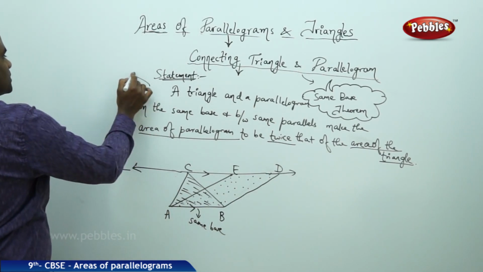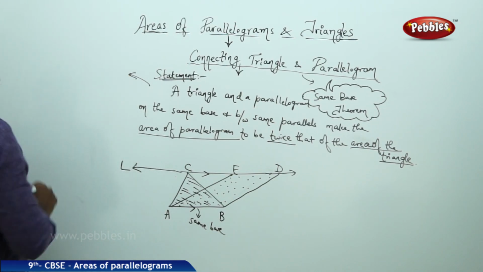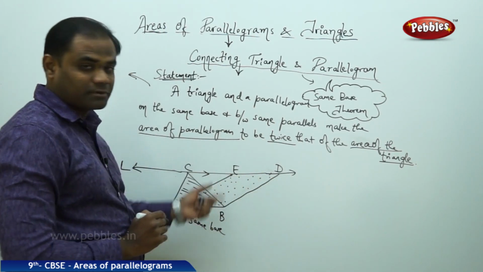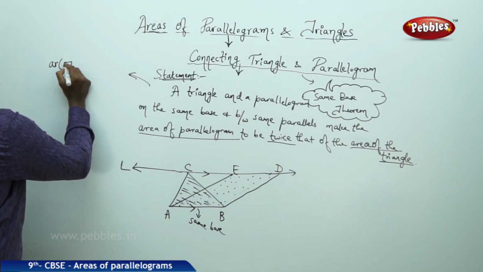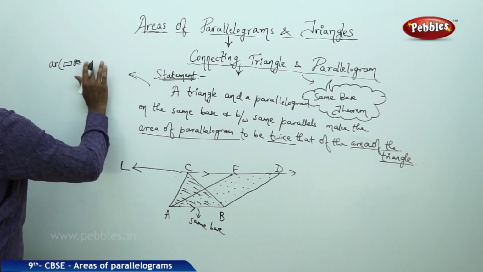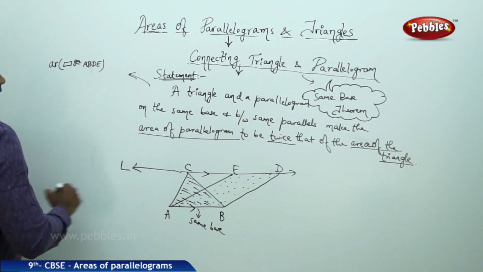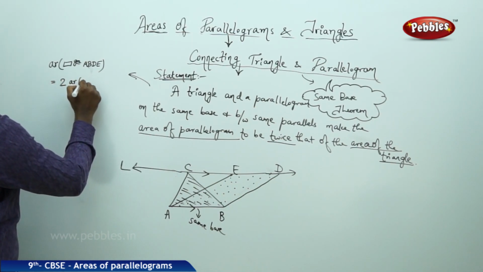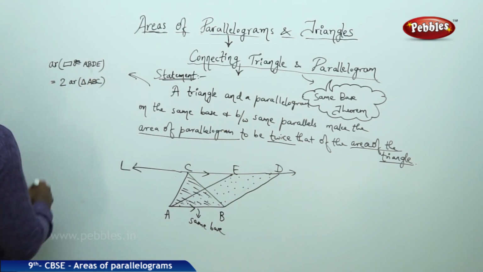So the statement clearly says that for triangle ABC and for parallelogram ABDE, which are on the same base and between the same parallels, the area of parallelogram ABDE is twice the area of triangle ABC.